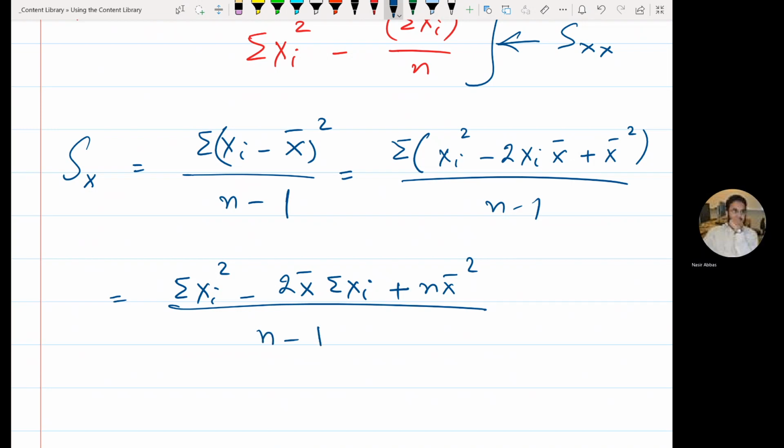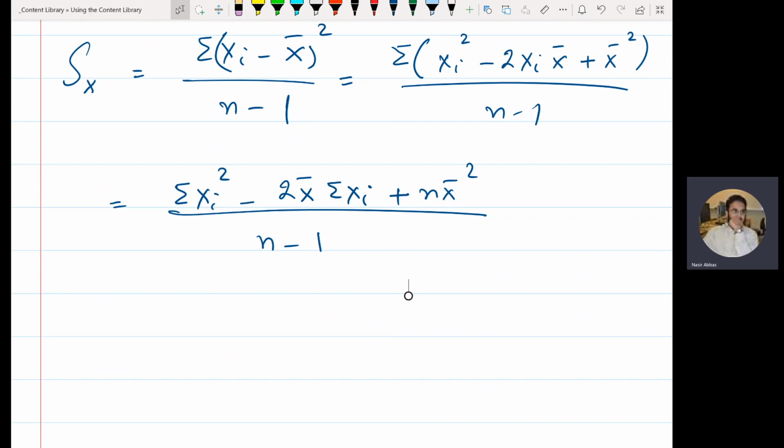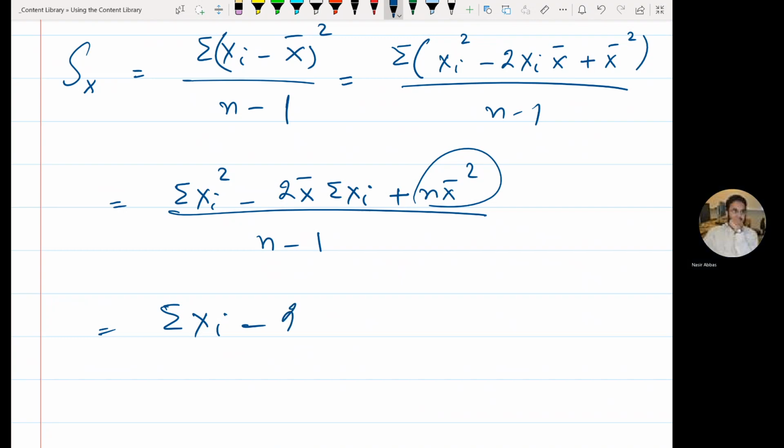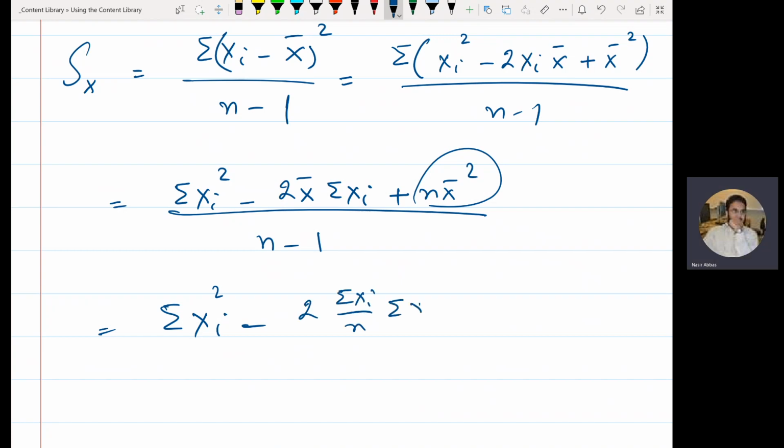True? Then rearrange this thing. Minus, I'll write the definition of x bar. X bar is what? 2 times summation xi over n, and there is another summation xi, plus n times summation xi over n, and there is another summation xi over n.